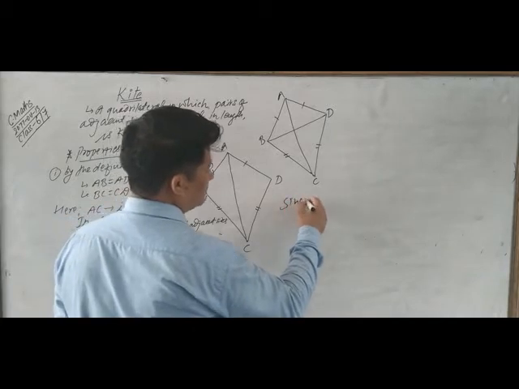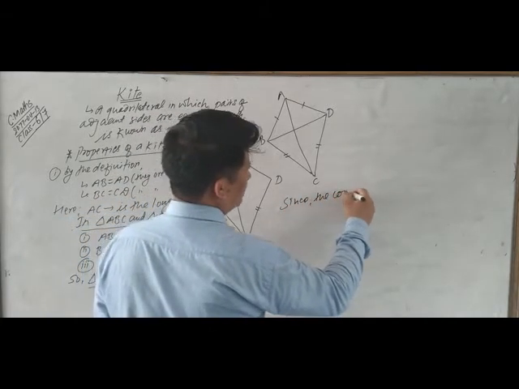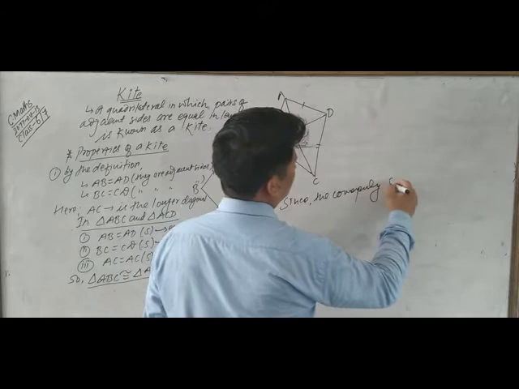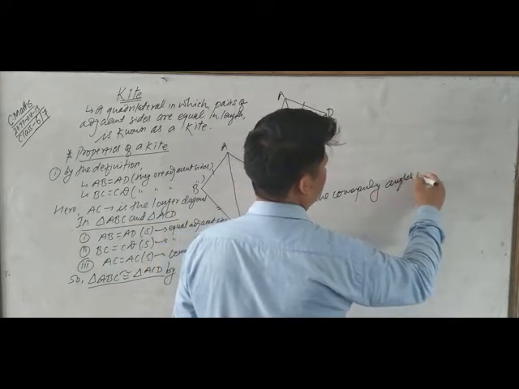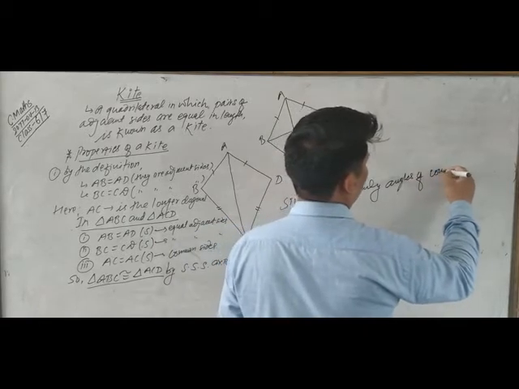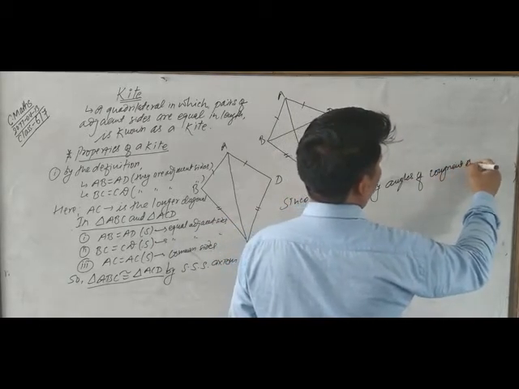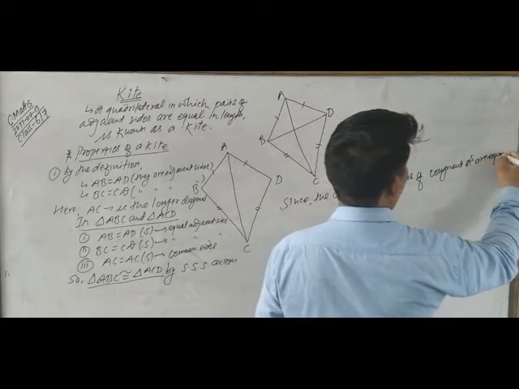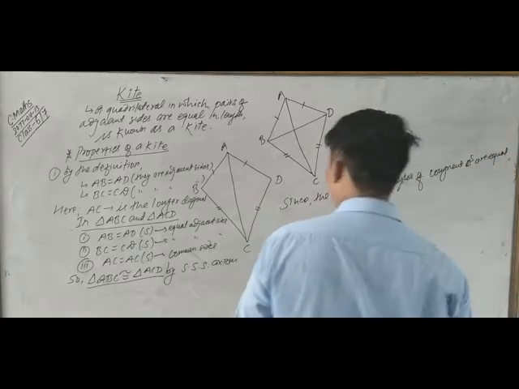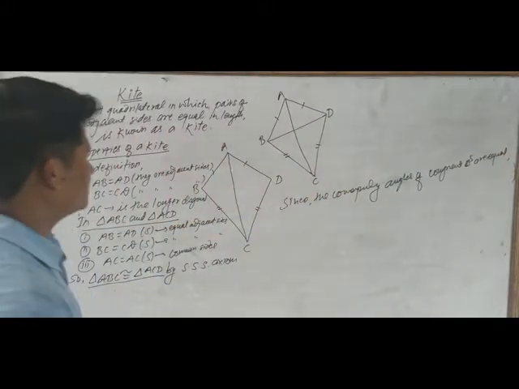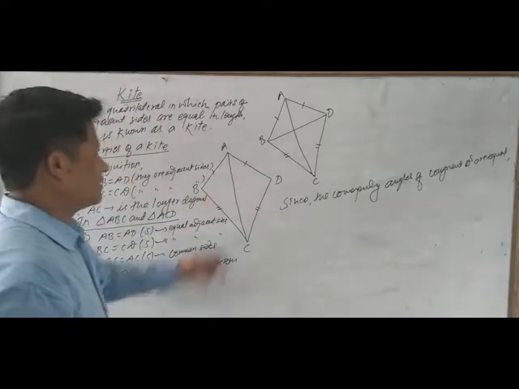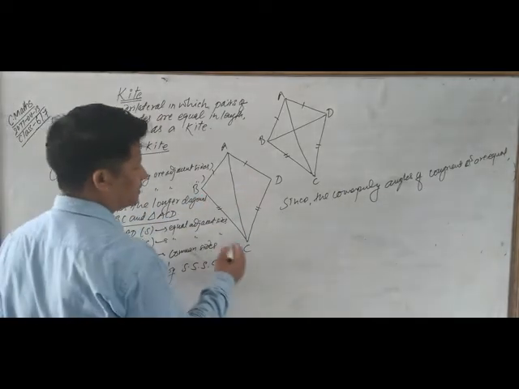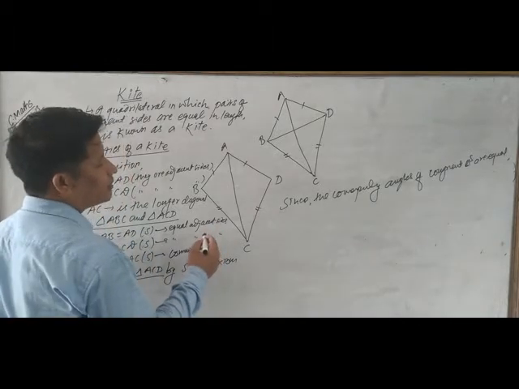Since the corresponding angles of congruent triangles are equal, that's why corresponding angles must be equal.